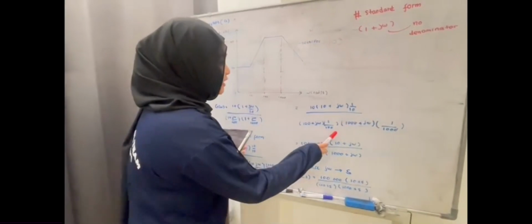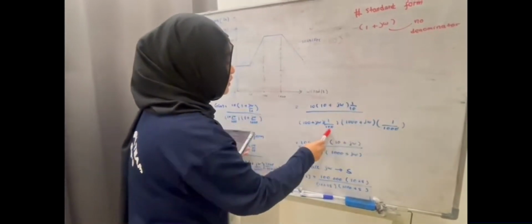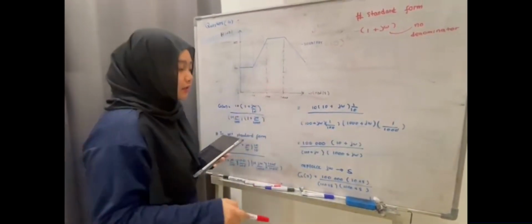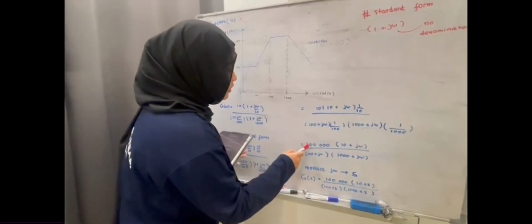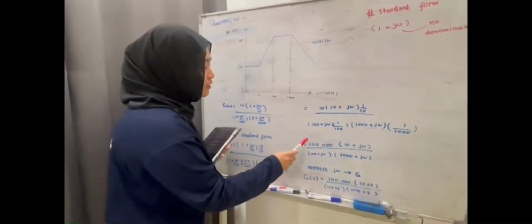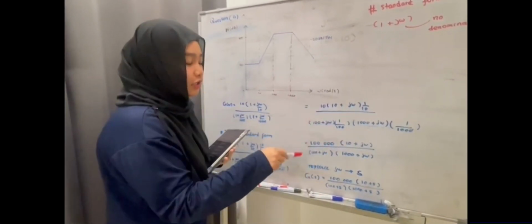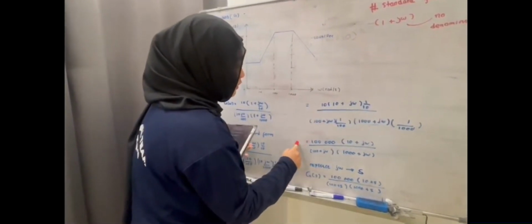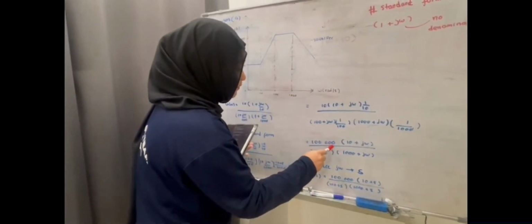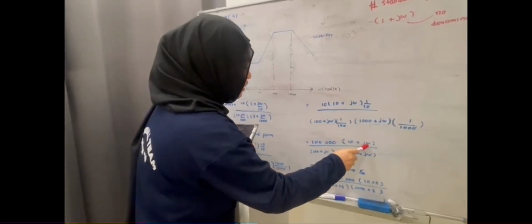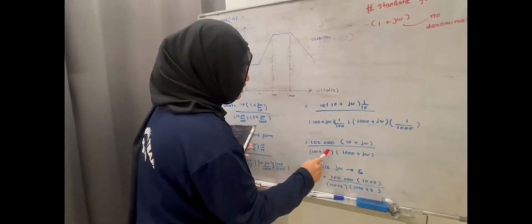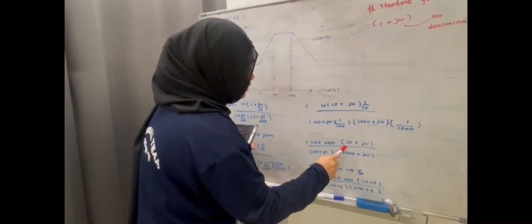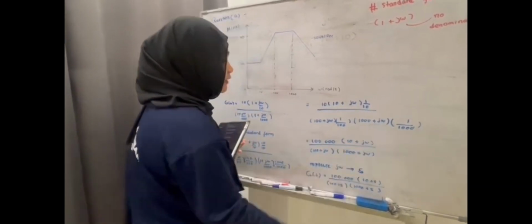The excess numbers, the fractions, we will multiply together, so we will get 100,000. This 100,000 is the gain K, and we put it in front. So we get 100,000 multiplied by (10 plus j omega) over (100 plus j omega) multiplied by (1000 plus j omega).